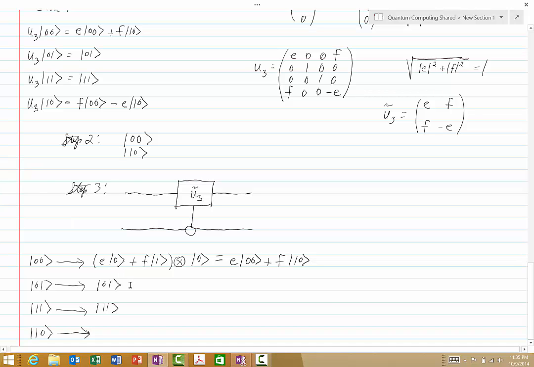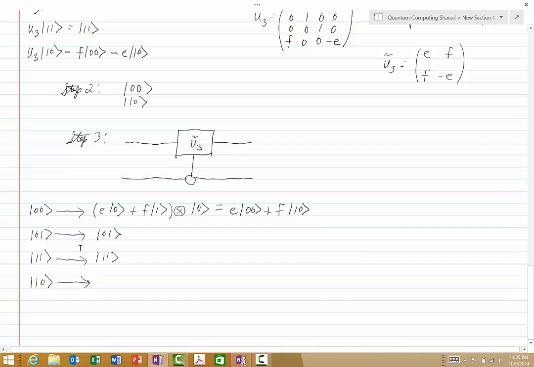And then for the last one, 1, this 1 for the first bit will go to F0 minus E1, and so that gives us F0, 0 minus E1, 0.